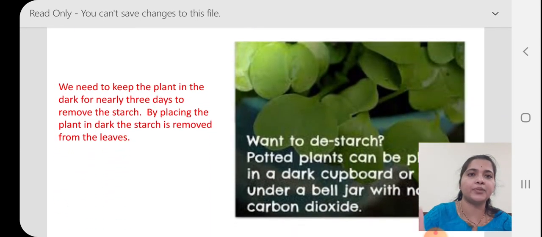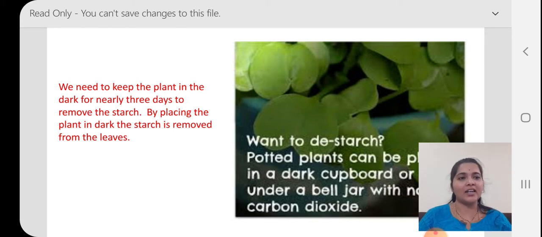Why destarch? We need to keep the plant in the dark for nearly 3 days to remove the starch, children. By placing the plant in the dark, the starch is removed from the leaves. Why are we removing starch from this experiment? Because we are not giving them enough carbon dioxide and it is losing the starch.